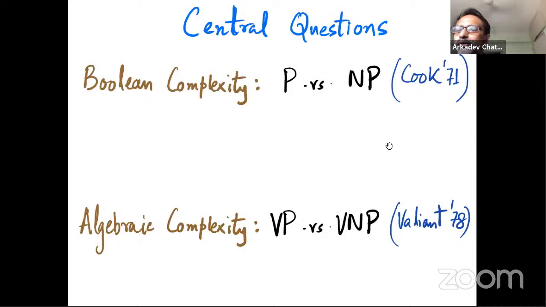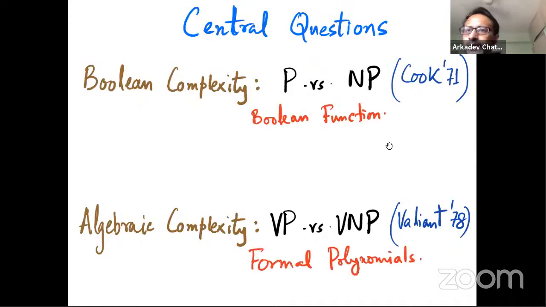How efficiently can we compute them? That's the question. And analogous to NP, there is a way of defining a similar class called VNP in the algebraic world. These are polynomials again. In some sense, algebraically, you can express them as projections very efficiently. And the point is, can you compute these polynomials in polynomial size with what are called arithmetic circuits?